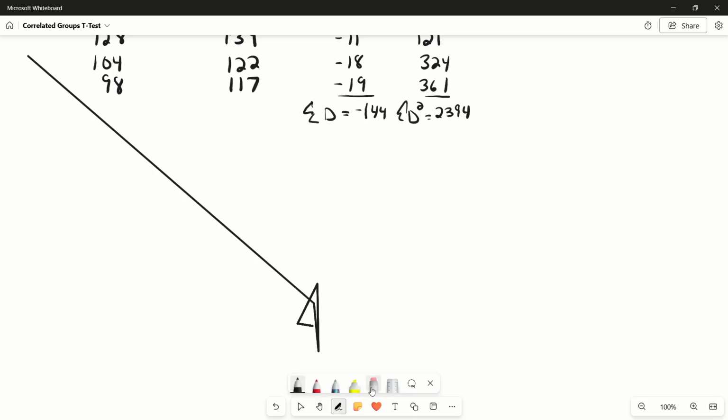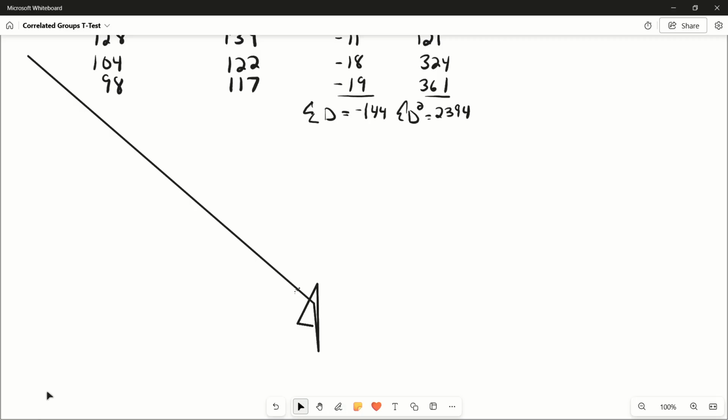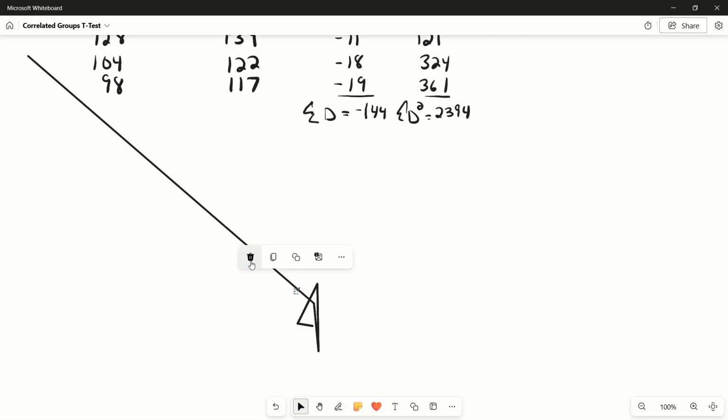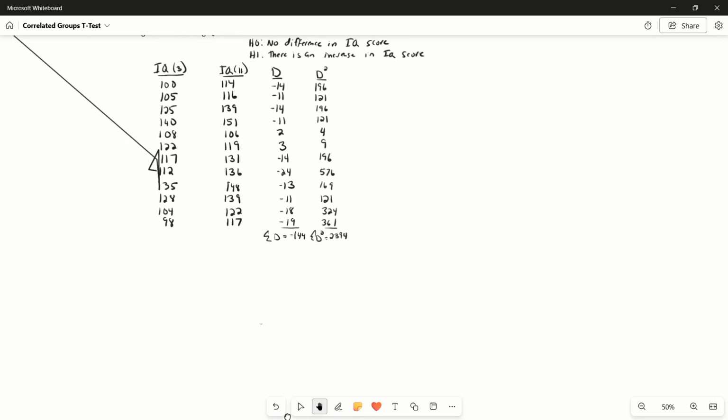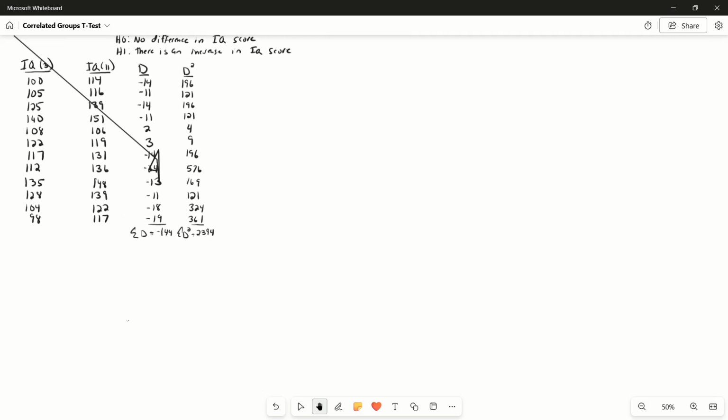I don't think I can get rid of this line. Maybe I can select it. Probably not. I want to clear this, but okay, that works better. I'm just trying to make this a little bit easier to navigate.